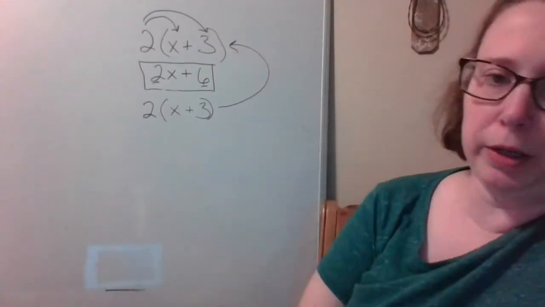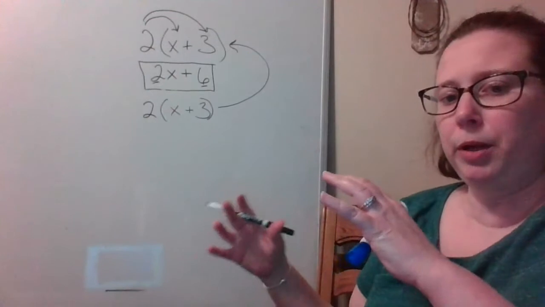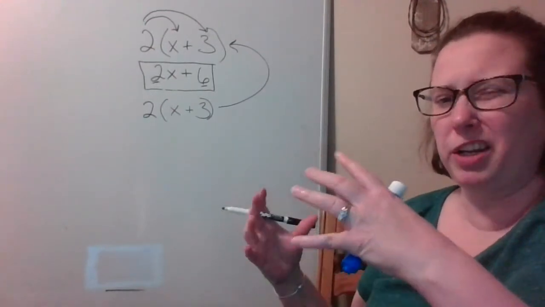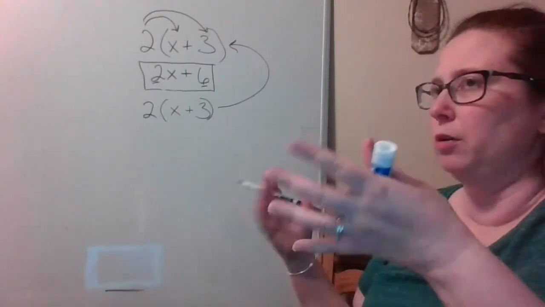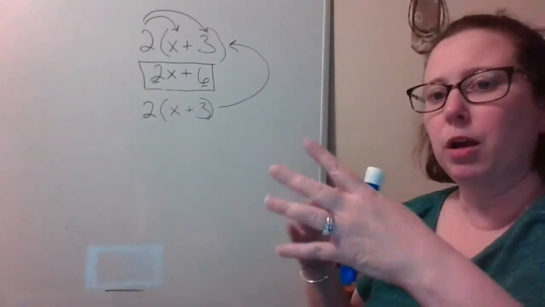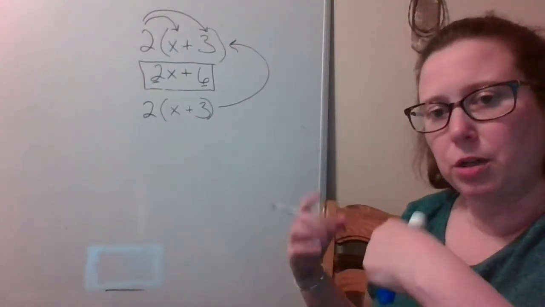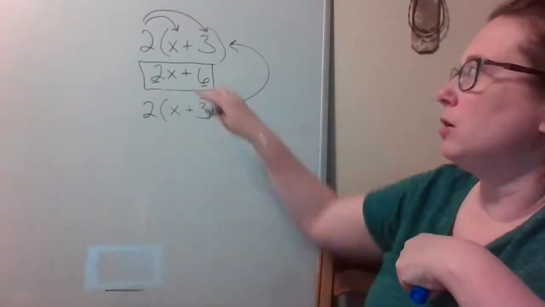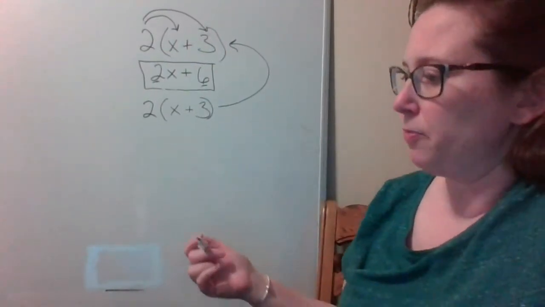Notice we came up with what we started out with before we distributed. That's showing you that the distributive property and factoring out of your terms, factoring an expression, are opposites. It's just like addition and subtraction are opposite operations. Distributing and factoring are also opposites.